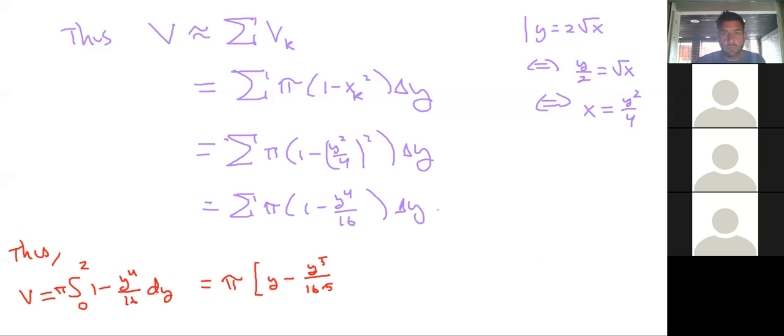So 16 times 5 is what? It's 80. And this is from 0 to 2. And so when I plug in 2, I get 2 minus 32 over 80. And then when I plug in 0, I get 0.